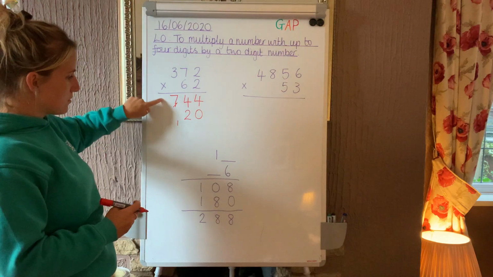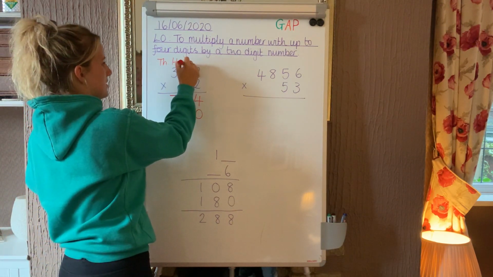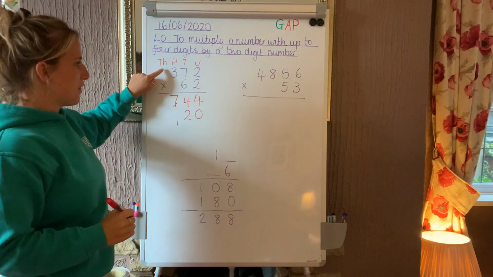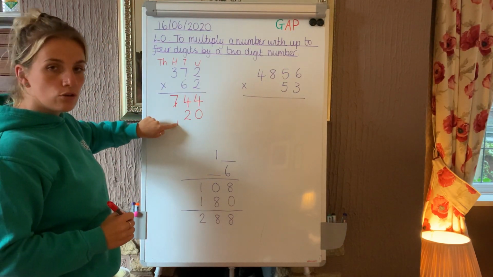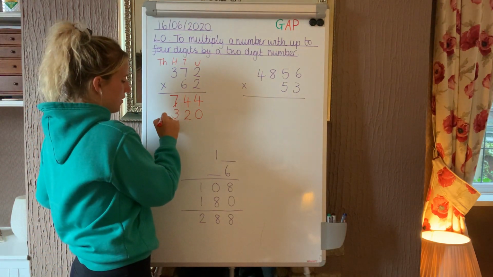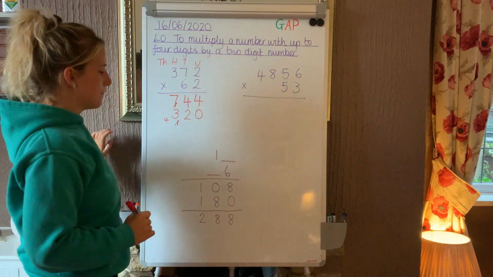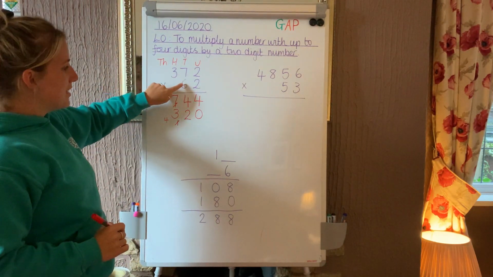So I've got my thousands column, if I was to label it, thousands, hundreds, tens and units. I've got my thousands column, which is 4,000, and I've got 200, so I'm adding my 100 to make it 300, 4,300. My 4 goes here because I'm going to continue, okay?